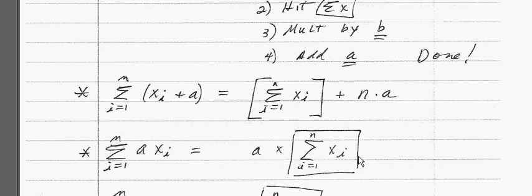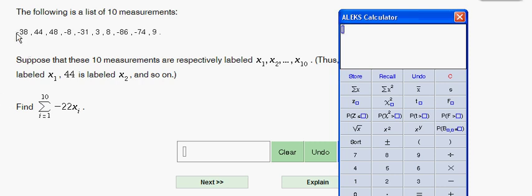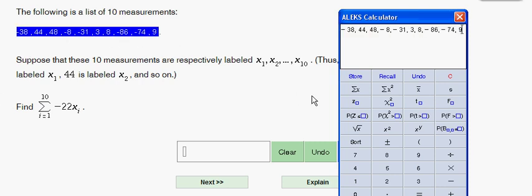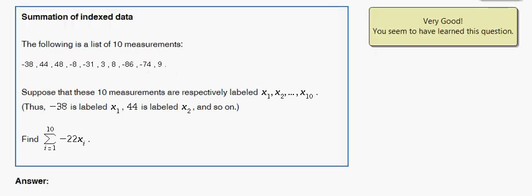So what we'll simply do then is go back to our example. We will grab our calculator. What we will do then is pull these numbers in and add them up as before, then simply multiply the answer one time by the -22. And so the answer that we get, 2,750, and let's put that in there and see if we have made ALEKS happy. And remarkably, we have. Let's look at the next example.